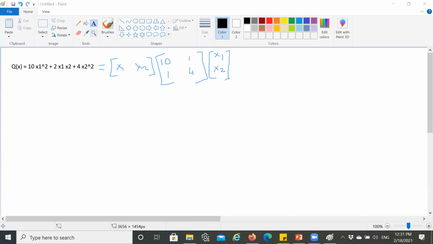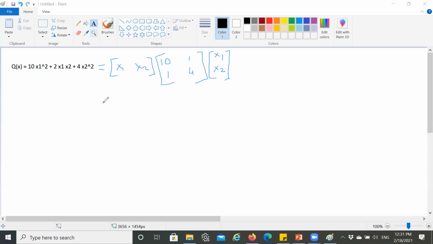So I can write 10 x1 squared plus 2 x1 x2 plus 4 x2 squared in this form. This matrix is actually the Hessian. You don't have to know this, I'm just saying you can write it in matrix form as such, and it is symmetric. That's why it's called the quadratic matrix form.